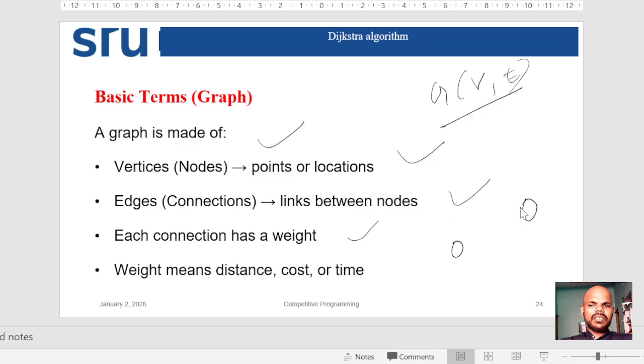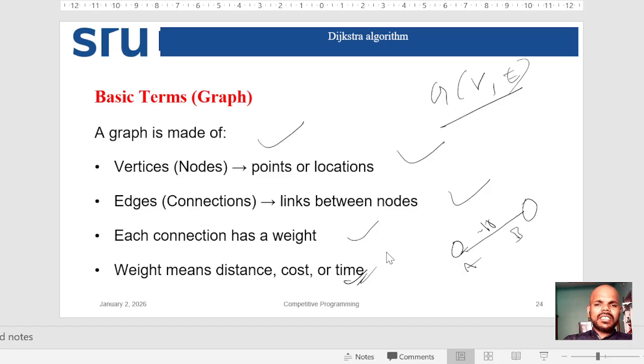For example, this is one node, and we have one edge in the graph between A and B. Let us say this is the edge weight, so it must have some weight, say 10 units of time. It may be time, cost, or distance in kilometers, anything like that.